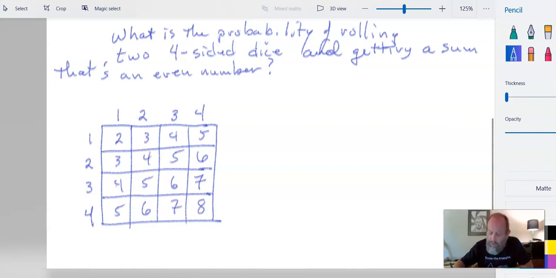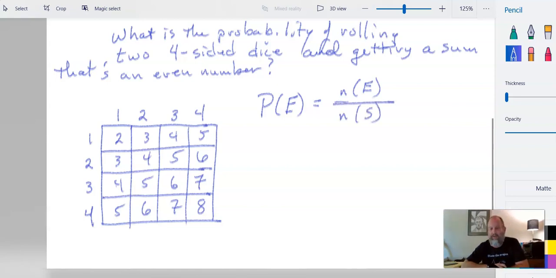Okay, so if we want the probability of getting an even sum on our roll of the two four-sided dice, you can see if it's six-sided, I would have had a bigger table here. I need the number of ways I can roll a sum that's even, divided by the total number of ways that I can roll the dice. Period. Okay, so let's go ahead and count all of our even stuff. So we got 1, 2, 3, 4, 5, 6, 7, 8.